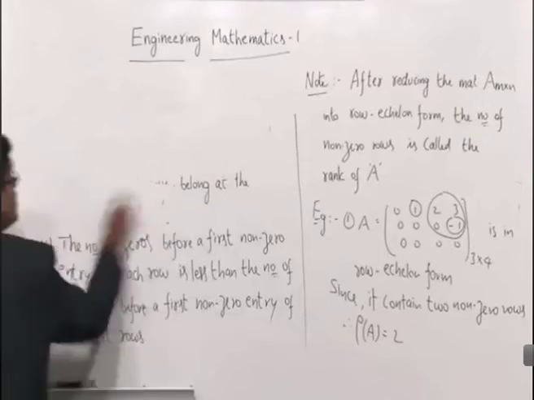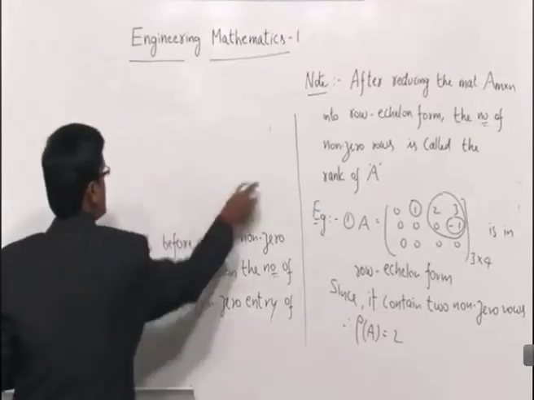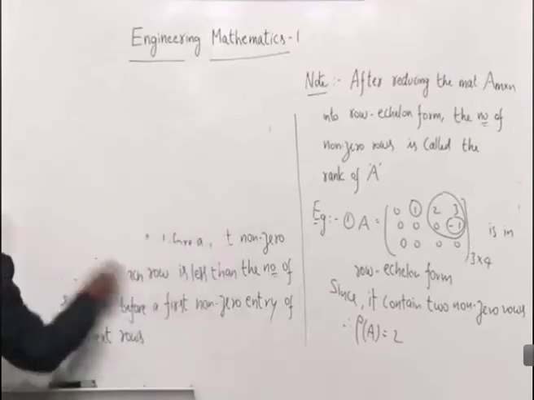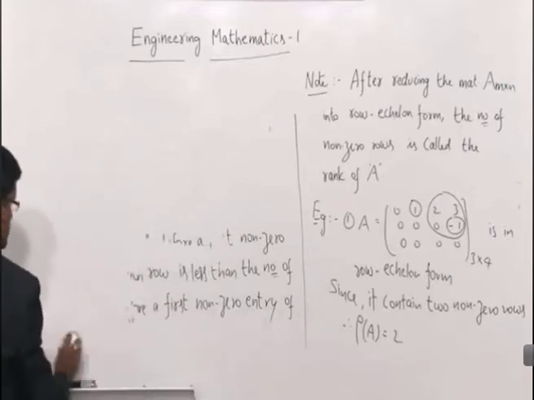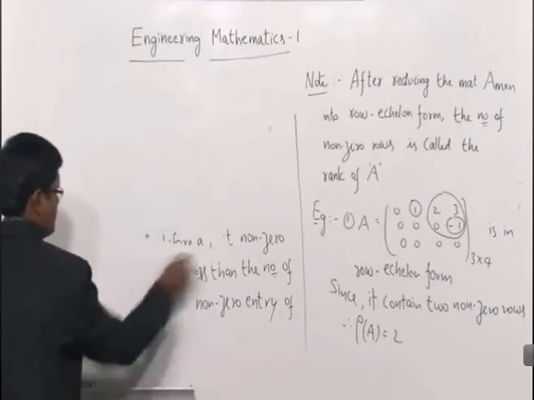The entire system of linear equations depends on row echelon form procedures only, so take care about these things. One more example I am giving. After that, two problems on how you reduce into these forms, I will do it.